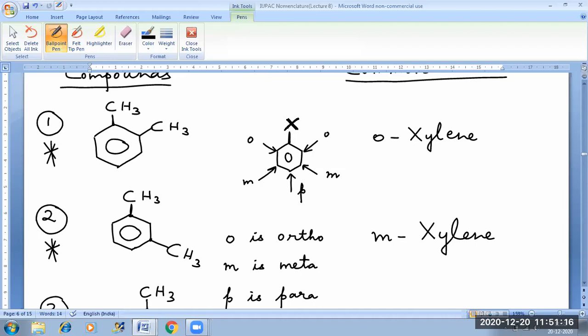Something which is attached to this carbon atom has been called X. If you look at the adjacent carbon atom, this is the ortho position, and that is why I have indicated it by writing small o. Similarly, this is another ortho position. So with respect to X, I have two ortho positions, the two adjacent carbon atoms.